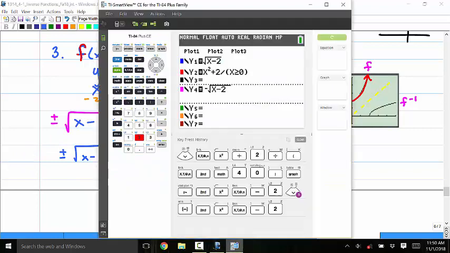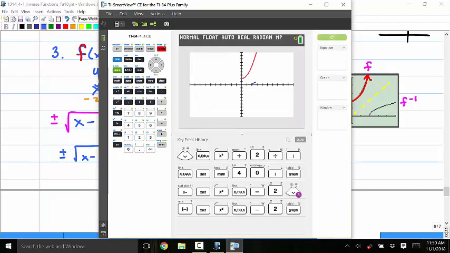So when we look at our graph, which one do we want? Do we want the blue one or the pink one? It has to be symmetric over the line y equals x, right? With our red graph. So the blue one would be the mirror image over the line y equals x.